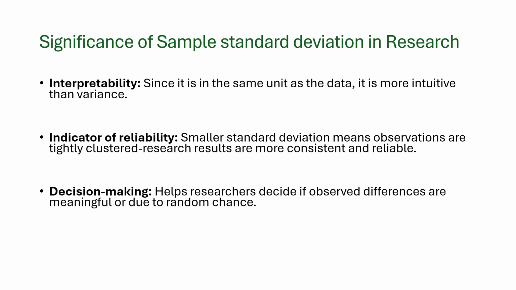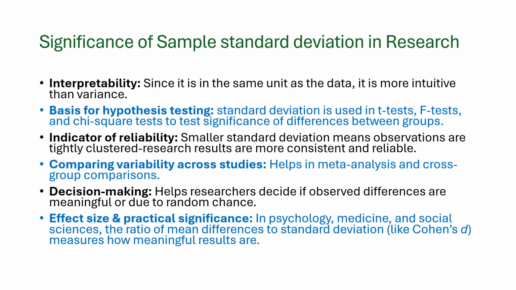Smaller standard deviation means observations are tightly clustered and research results are more consistent and reliable, and it also helps in decision making. Researchers very often use sigma for their decision making. It is the basis of almost all hypothesis testing. You need a standard error, so automatically the computation of sigma comes into reality.